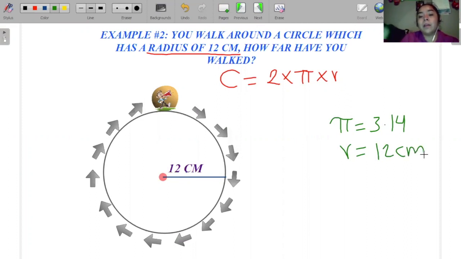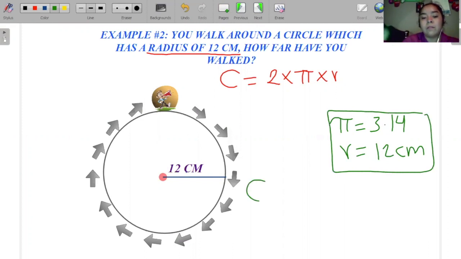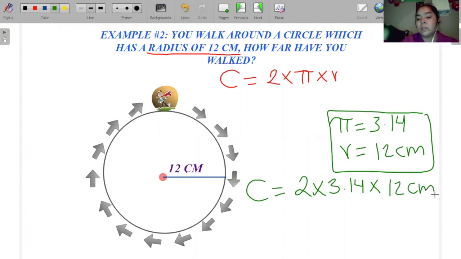Now we're going to plug in the values that we know into our formula. So now we have C is equal to 2 times 3.14 times 12 centimeters. Don't forget your units.